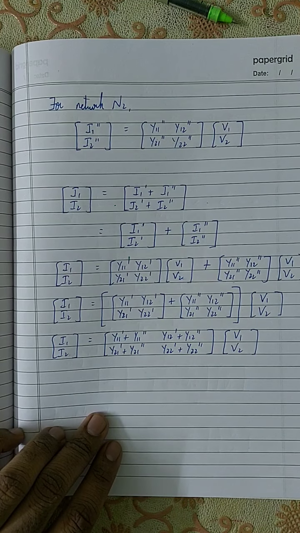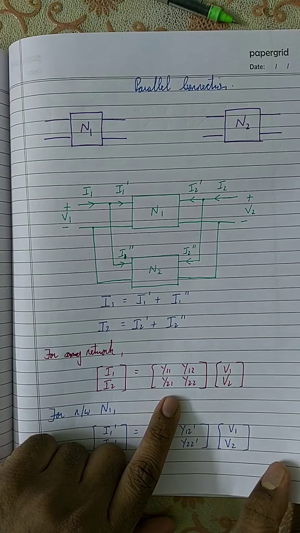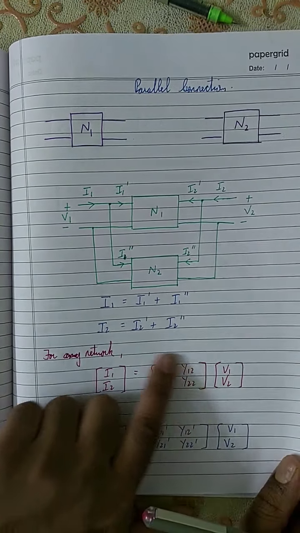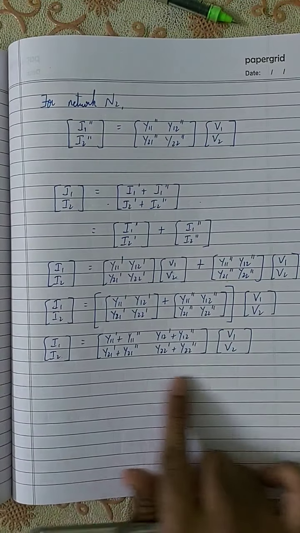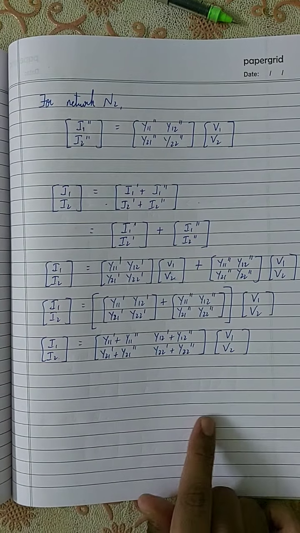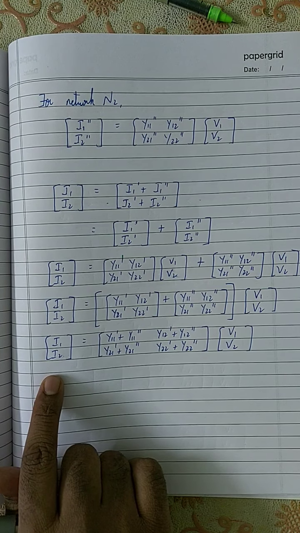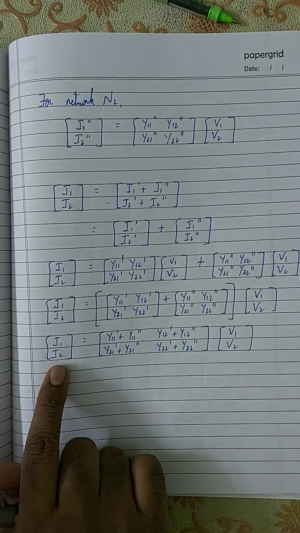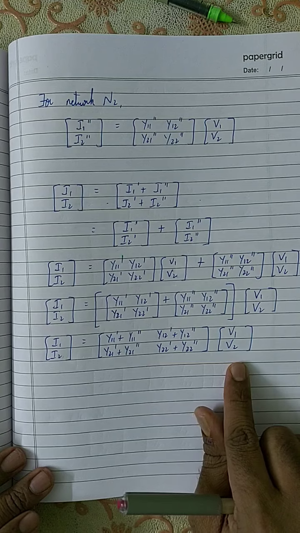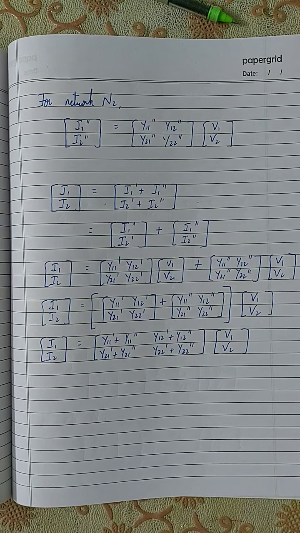Now if you compare this equation to this equation right here, this is the equation for the overall parallel connected network, because here I1 and I2 are the overall input current and output current, and likewise V1 and V2 are the input voltage and output voltage of the overall parallel connected network.